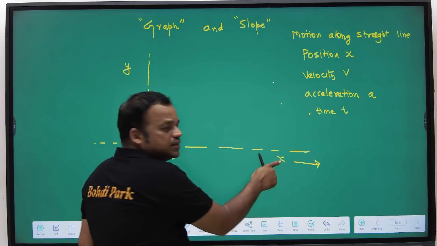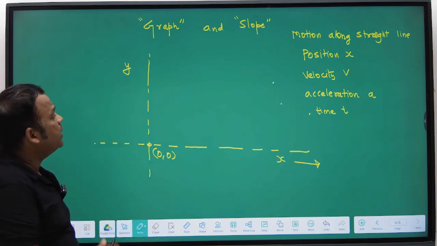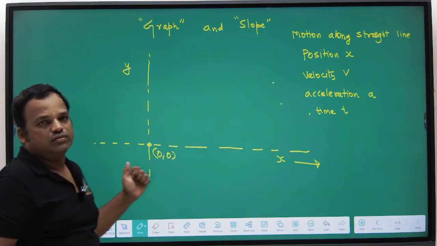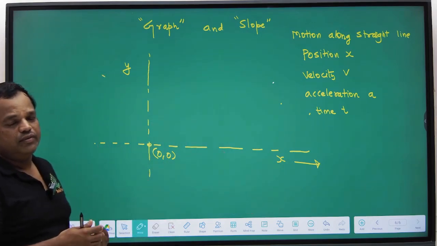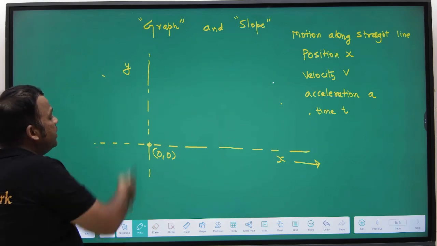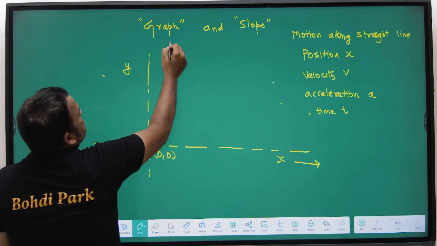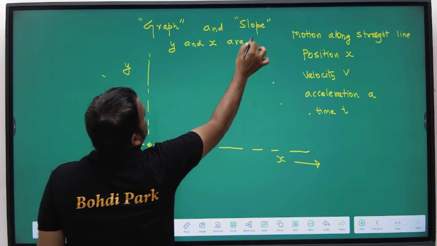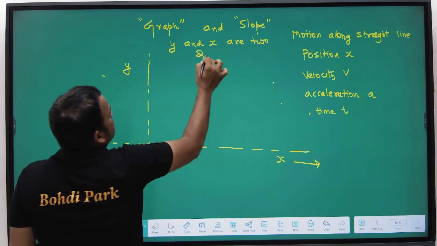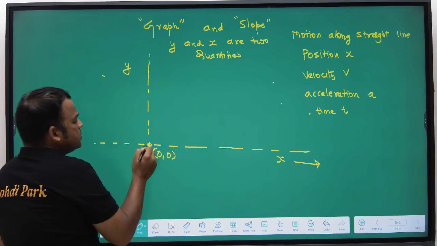Now here x is not position, it is a general quantity. We can consider a, b also. So we are considering y and x because normally we are familiar with y-axis and x-axis. So y and x are two quantities. So suppose this is the origin.